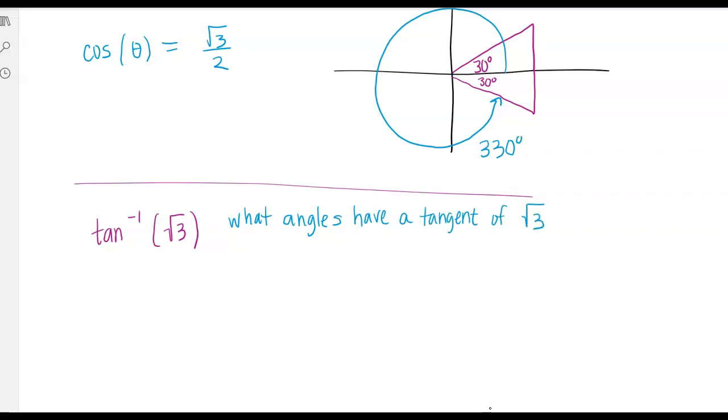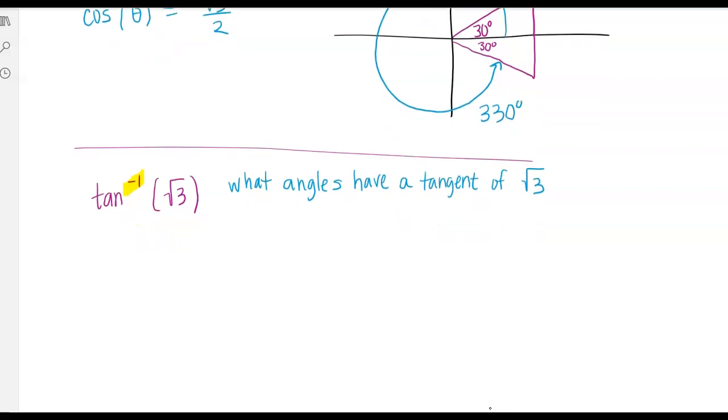That's what this little -1 as an exponent means up above. Writing it out more formally, we're saying the tangent of some angle, we don't know what the angle is, equals the square root of 3.